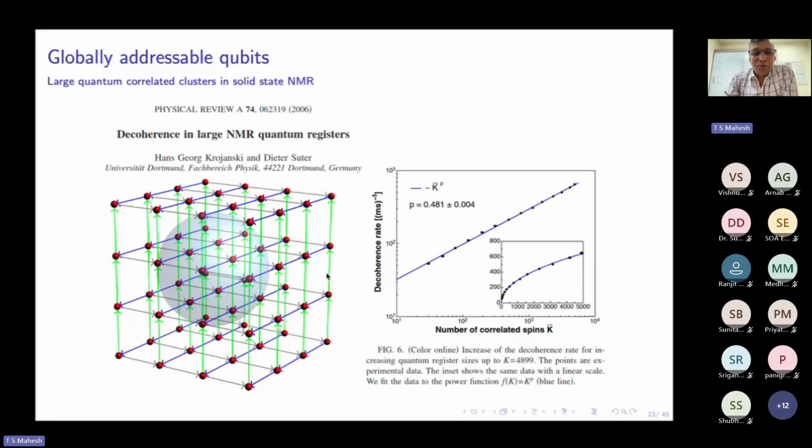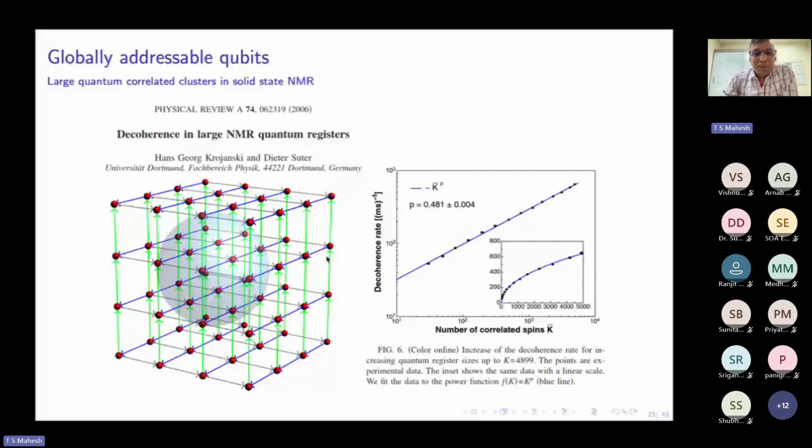These spins have been used for a variety of applications related to quantum information. For example, in the year 2006, such crystals were used to study decoherence: what happens when you have hundreds of thousands of qubits interacting, and how the decoherence scales.